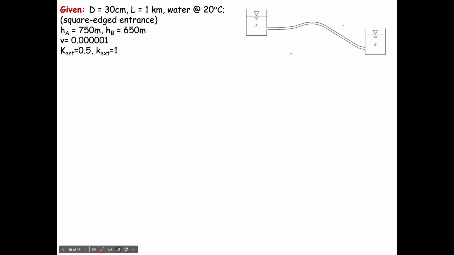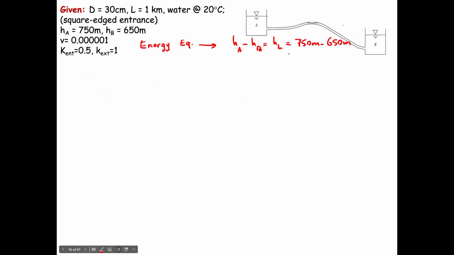Here we go. I will start from here. First of all, again, I will write the energy equation one more time. And if I do that, I will end up with this one: HA minus HB equal to HL. Do I have HA? Yes. Do I have HB?